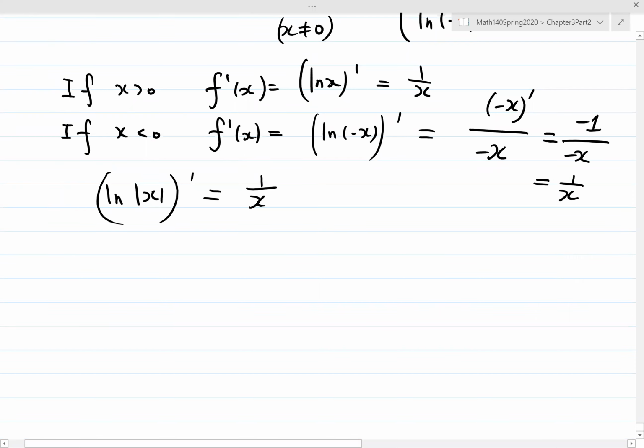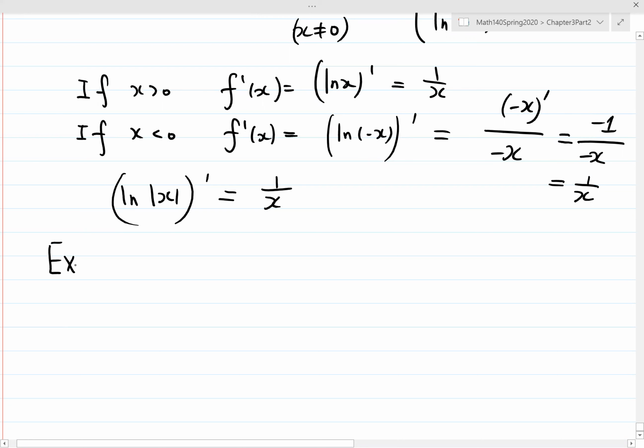More examples. H of theta is sine theta over cosine squared of theta.